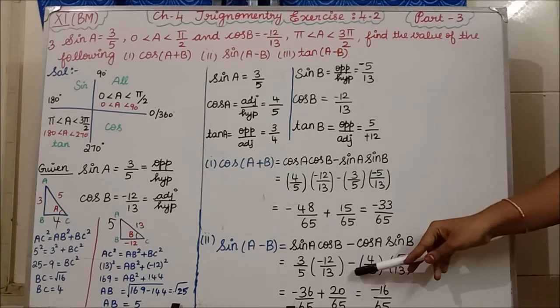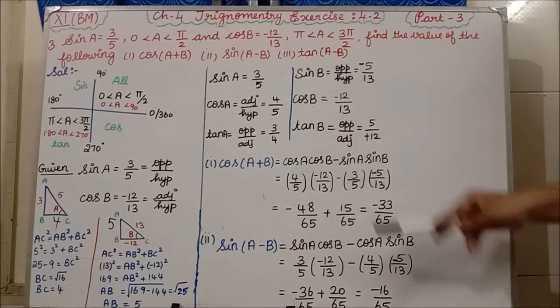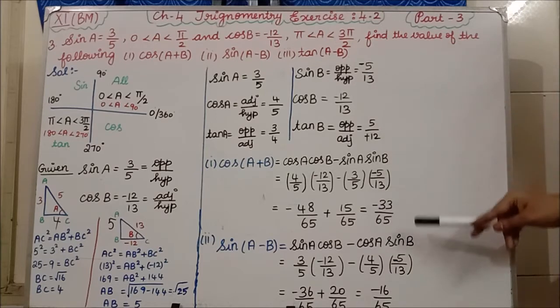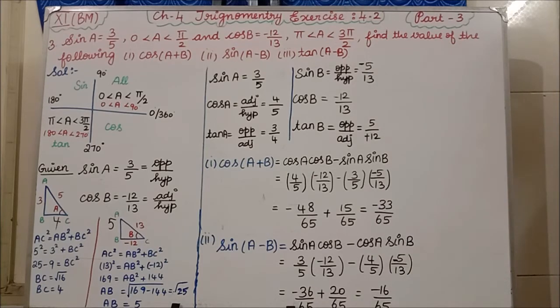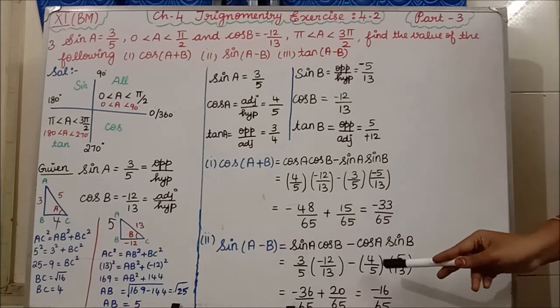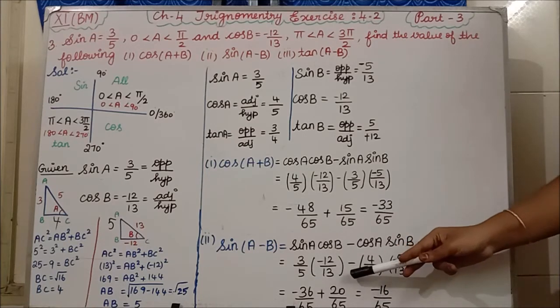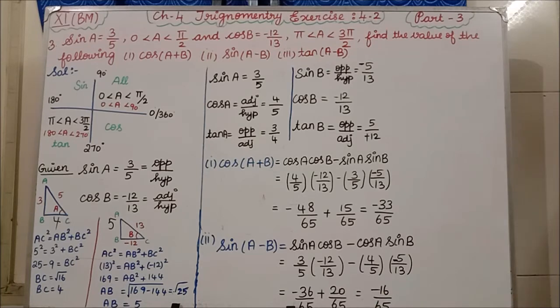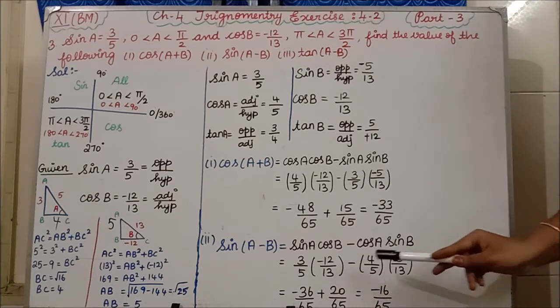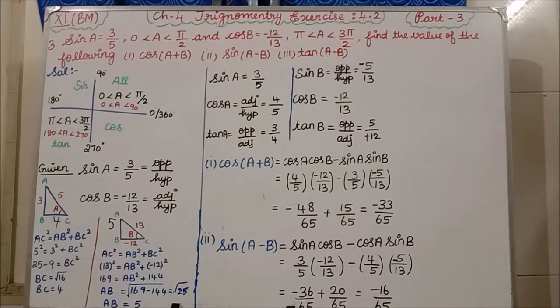In between minus, cos A value is 4 by 5. Sin B value is minus 5 by 13. So if you multiply numerator and denominator, we get minus 36 divided by 65 plus 20 divided by 65, equal to, if you subtract, minus 16 divided by 65 is the answer.